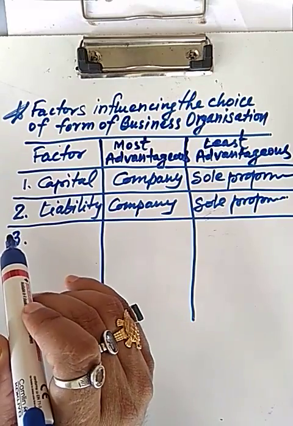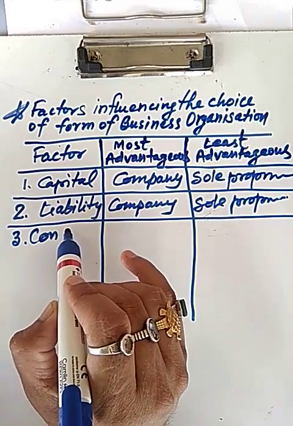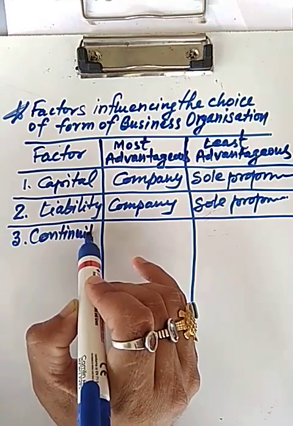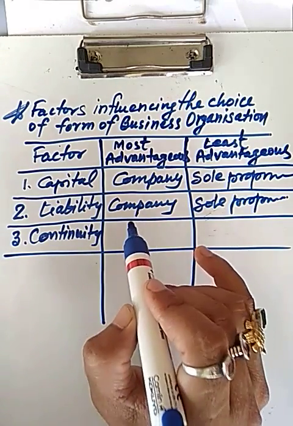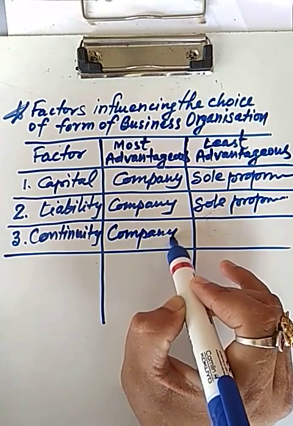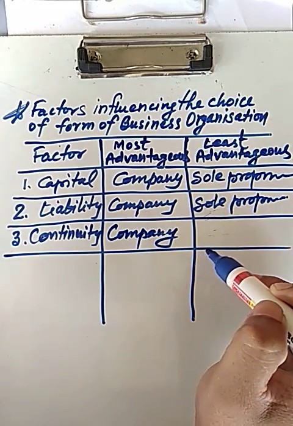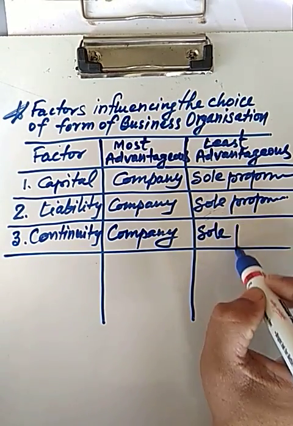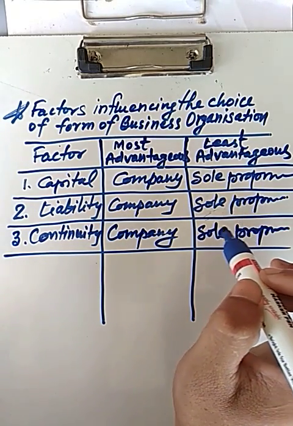Now, third point, continuity. In case of continuity, also company form of organization will be most advantageous and sole proprietorship form least advantageous.